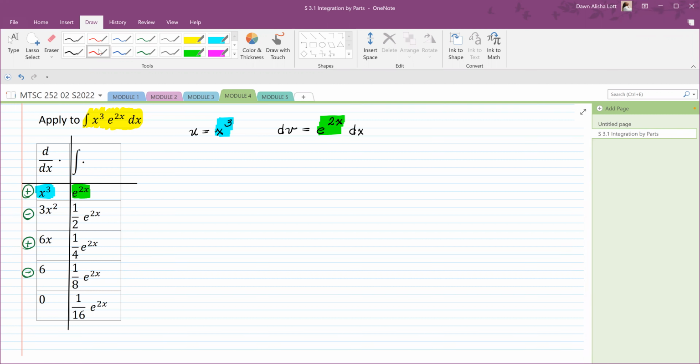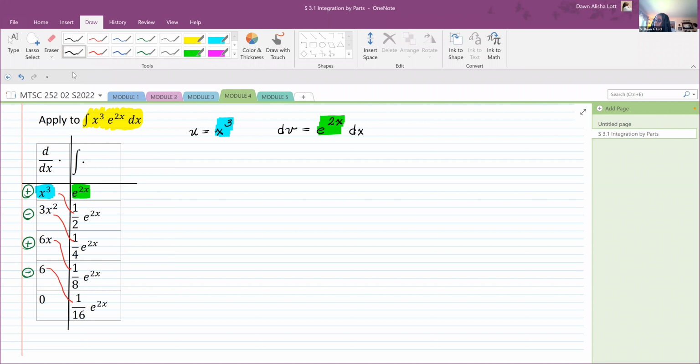You match up the, well, actually some correspond to others. So like x cubed matches up with 1/2 e to the 2x. Okay. And then 3x squared goes to 1/4 e to the 2x. Good. 6x matches 1/8 e to the 2x. And then 6 matches with 1/16 e to the 2x. Good. I think we're ready to put it together.